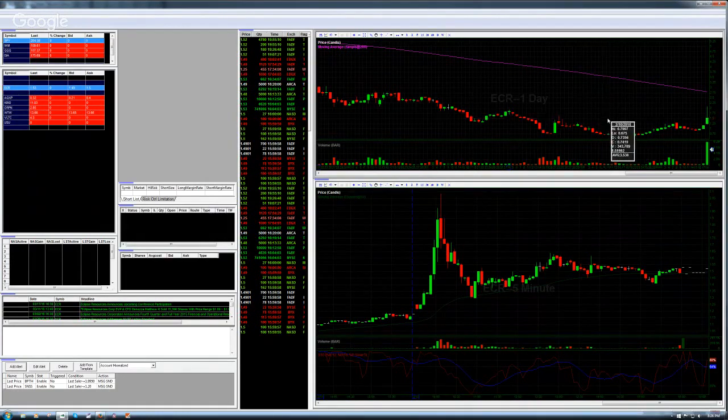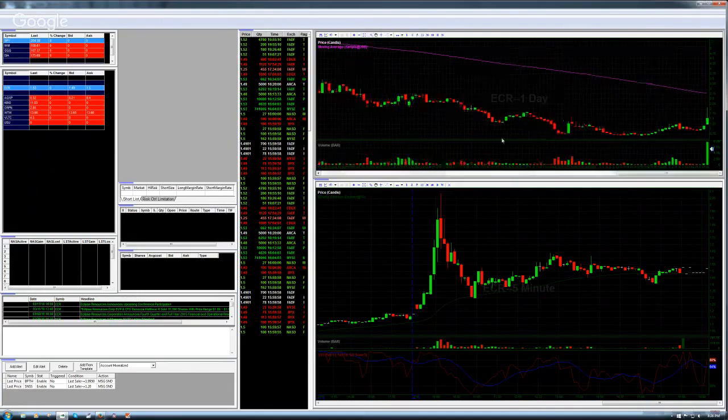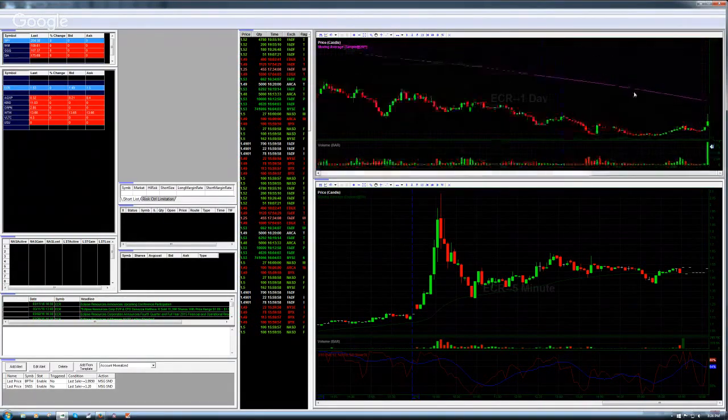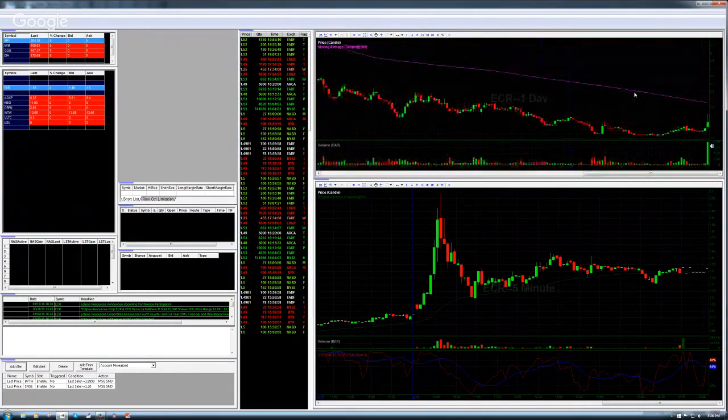If you look at a stock like ECR, it looks like it's traded 500,000 to 1 million shares per day on average for the last few months. You can look at this on FinViz also, or any other financial website. You can just look up the average volume over the last 30 days or the last 90 days or whatever you want.